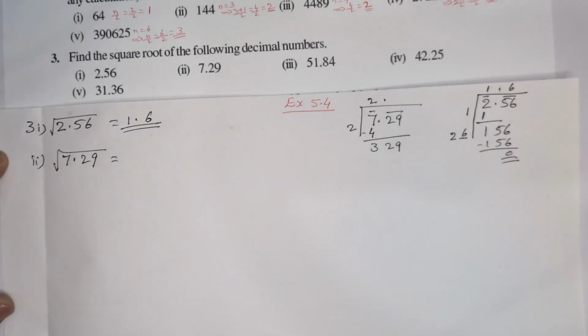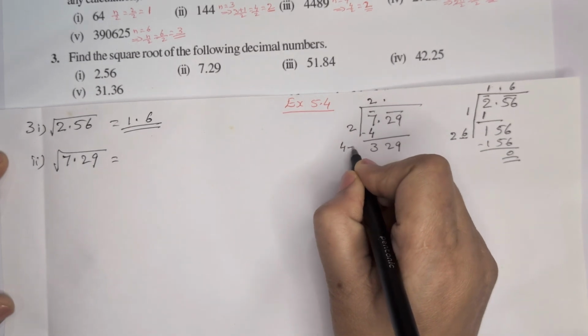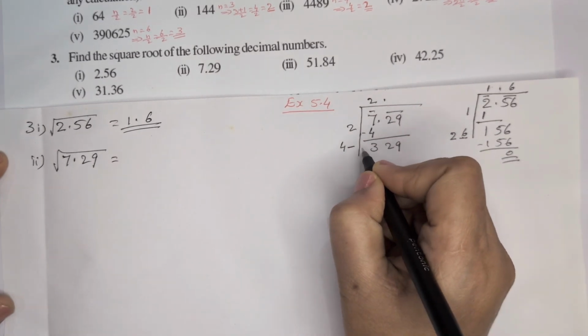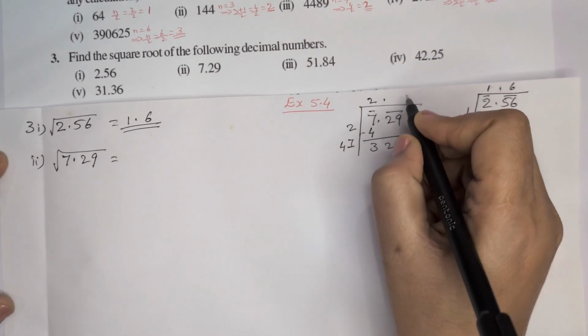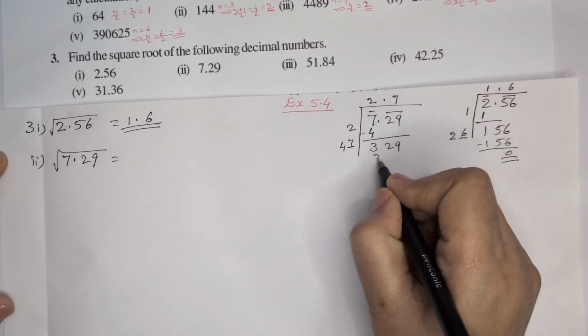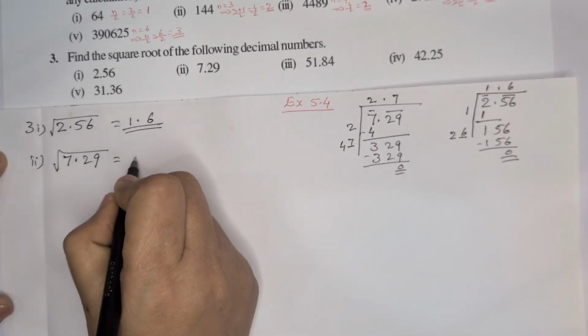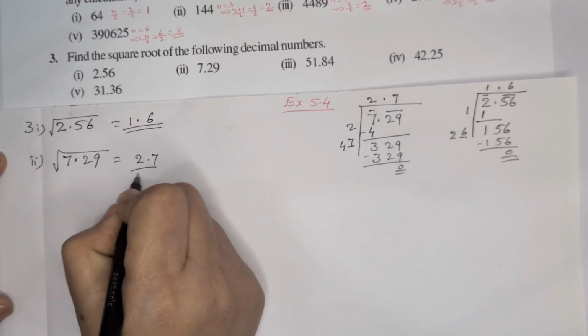Put the decimal point here. Then in 329, here 2, double of 2 is 4, and here we have to find the digit. So we can see 7 is the digit there. So 47 into 7, 329, and when we minus, 0, so the square root is 2.7.